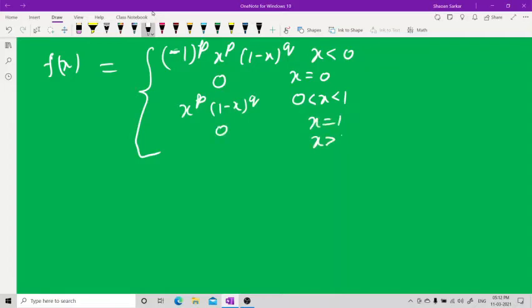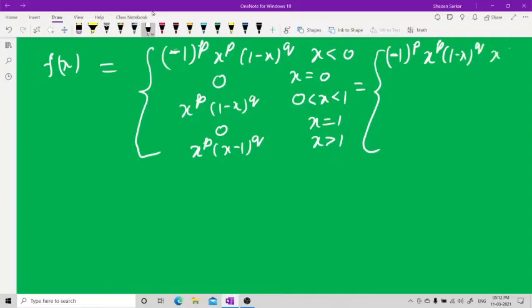For x greater than 1 it is x^p and then you have (x - 1)^q, which you can write again, you can check this, as (-1)^p x^p (1 - x)^q for x less than 0, 0 for x equal to 0, x^p (1 - x)^q for 0 < x < 1, 0 for x equal to 1, and you take a minus out here.